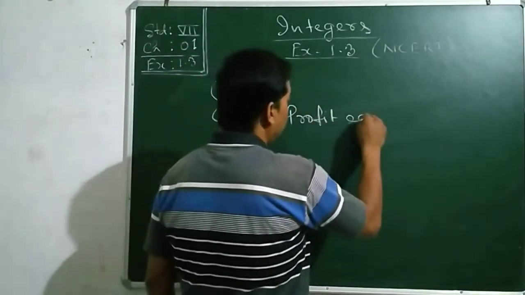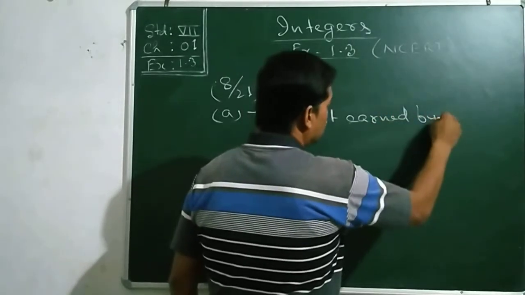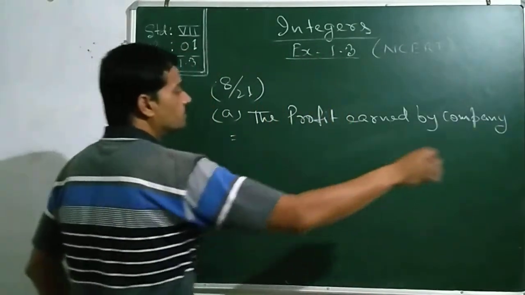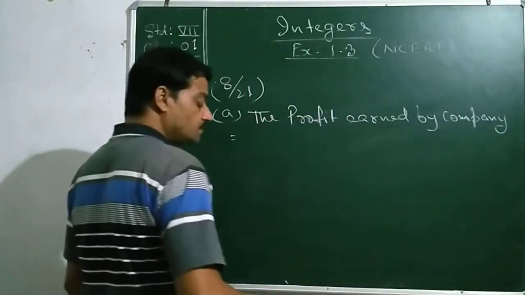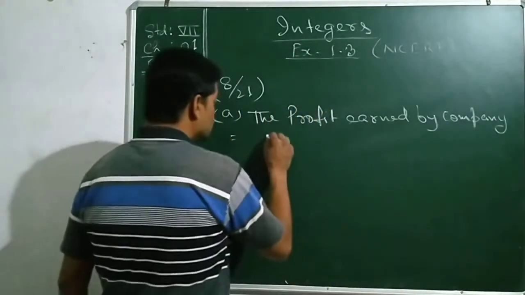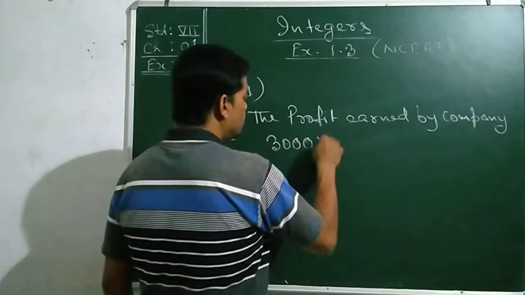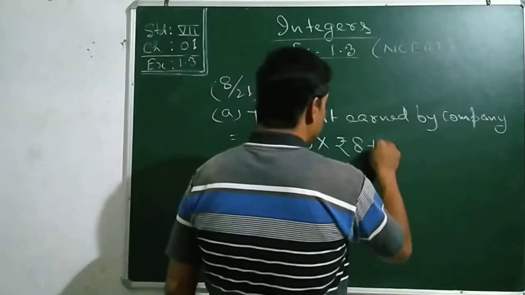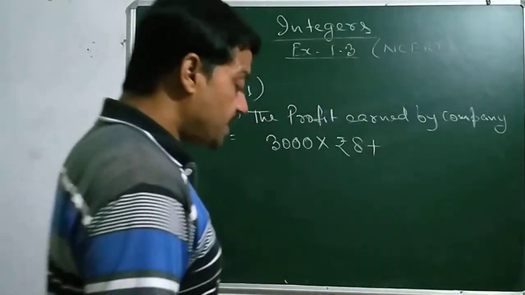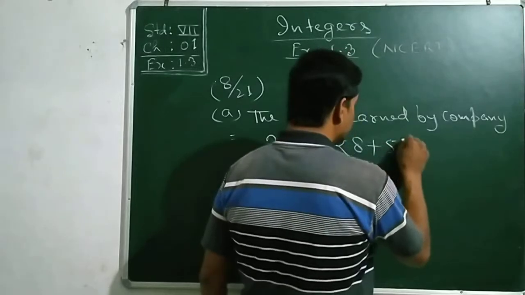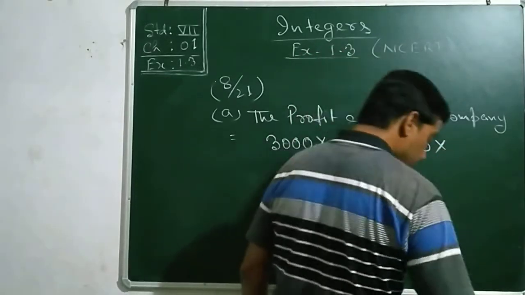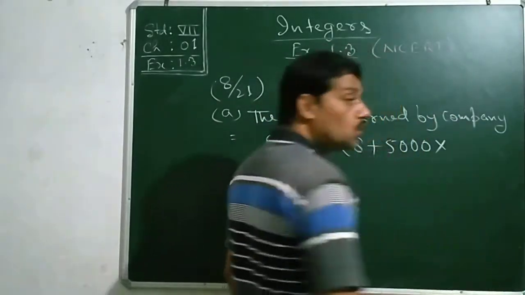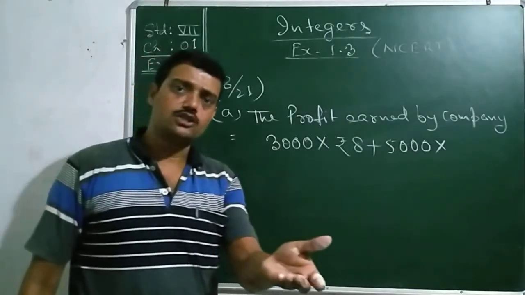The profit earned by the company is equal to 3000 into rupees 8 plus, on grey cement, 5000 bags into rupees 5 per bag, but that is a loss.